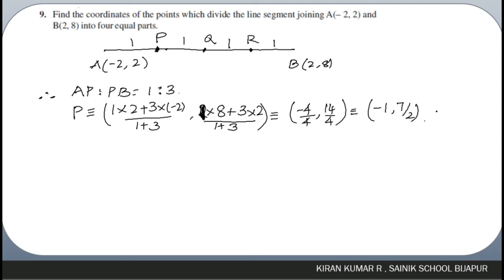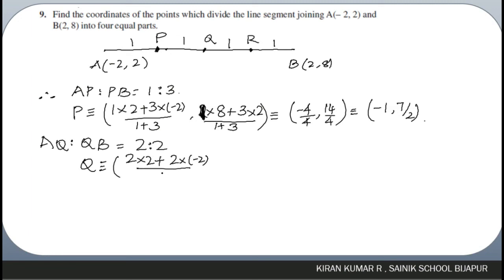Similarly, we have to find the coordinate of point Q. To find that, I'll consider the ratio AQ is to QB. The ratio AQ is to QB will be 2:2. So the coordinate of point Q is given by 2 multiplied by 2 plus 2 multiplied by negative 2 divided by 2 plus 2, comma 2 multiplied by 8 plus 2 multiplied by 2 divided by 2 plus 2.